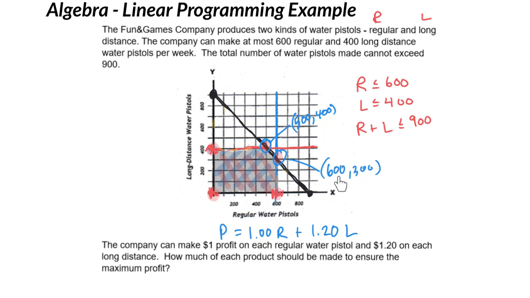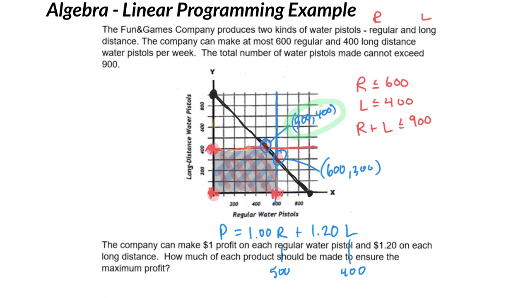But if I told you we're going to make 900, and this is the profit equation, obviously you want to make as many of the more profitable ones as you can. So the correct answer here is this one. We should make 500 of the regular and 400 of the long distance, which should make sense. If long distance gives us more profit, we should make as many of those as we can.